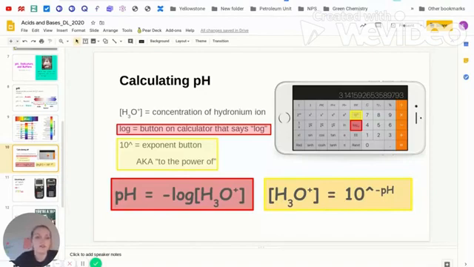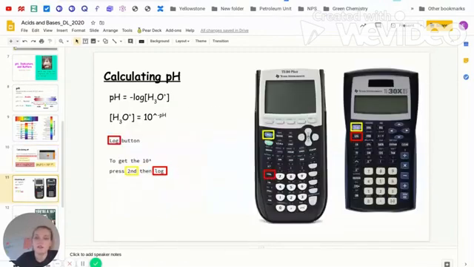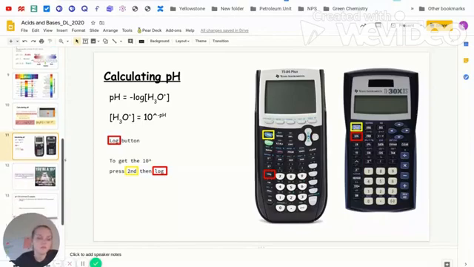To find pH, negative log of the H3O plus concentration. To find the concentration of hydronium, we'll take 10 and raise it to the power of the negative pH. Those are the two equations we're going to use, and this shows you where they are on your phone, and on a Texas Instruments calculator.